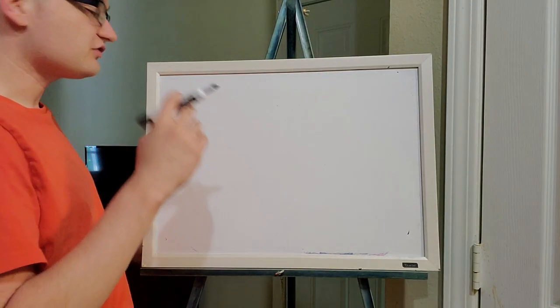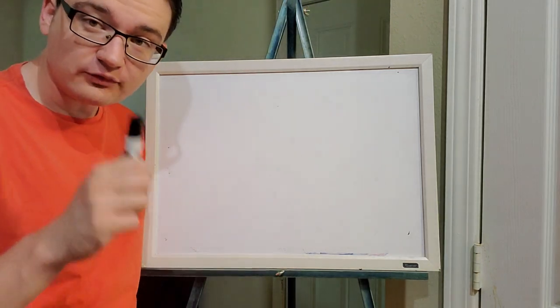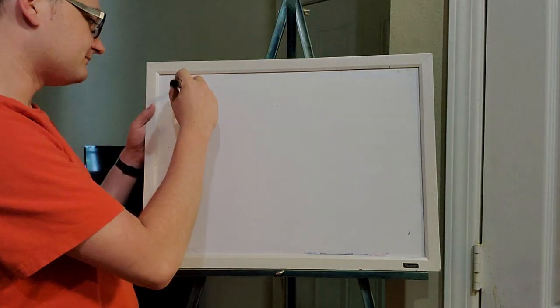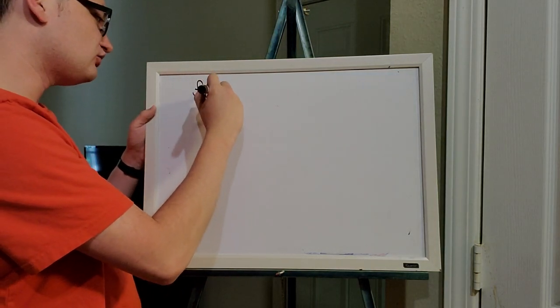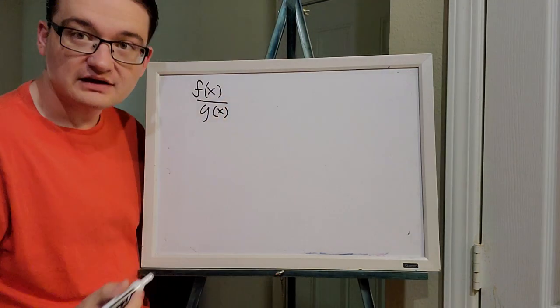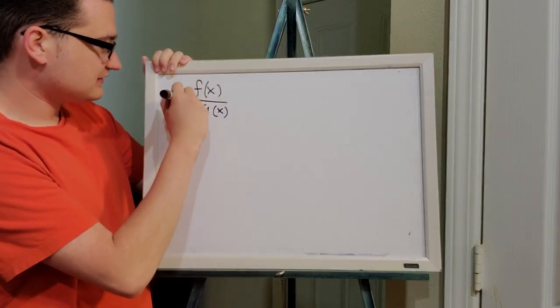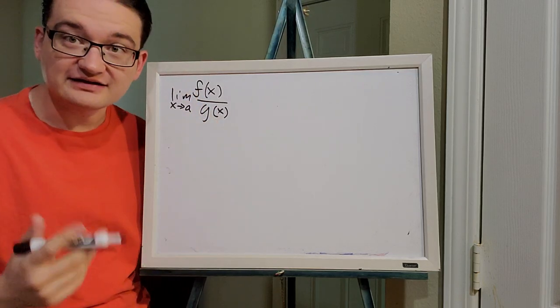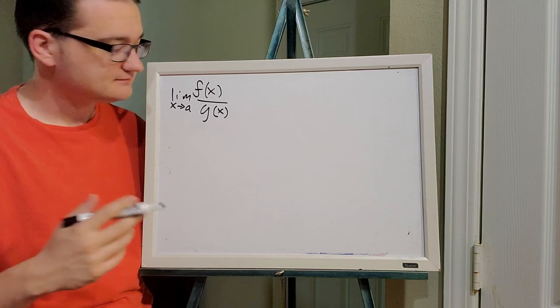So, section 4.4 is all about one thing and one thing only, L'Hopital's rule. What's L'Hopital's rule? We're going to have two functions that are divided by each other, and we're going to take a limit as x approaches some constant a or infinity.